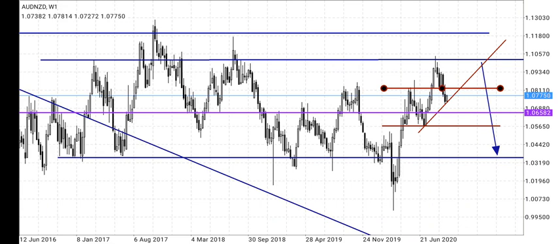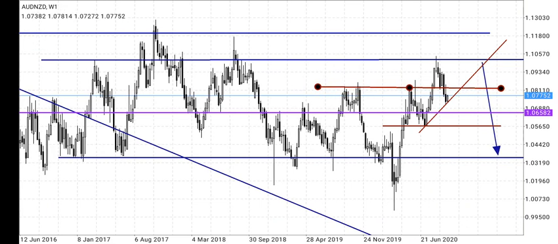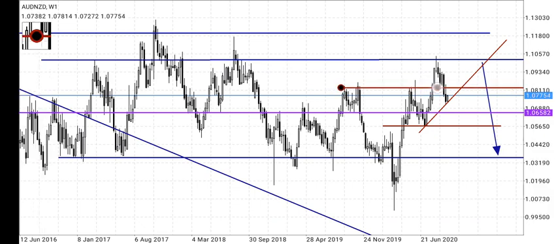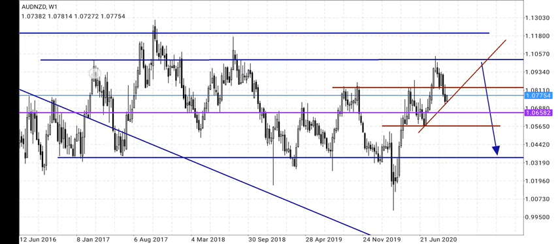Because it's a resistance. And if you draw back, okay, you see it was respected here, so it is a strong point. So unless this place gets broken, then we'll consider it an uptrend.